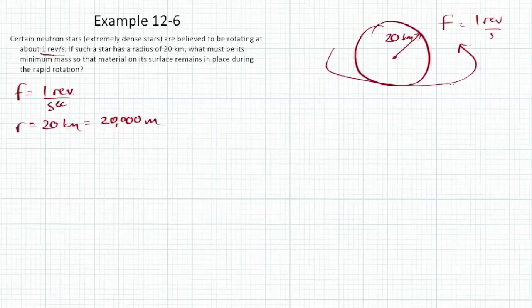The centripetal acceleration of the planet would have to be such that it would keep objects on the surface. Basically, what we're saying is that there can't be any more centripetal acceleration than gravity.